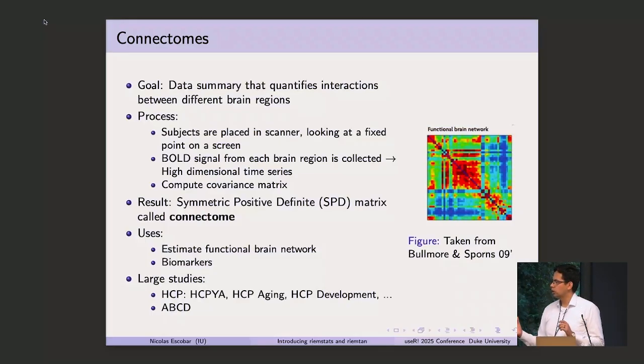People try to do basically two kinds of things with that. They can either try to infer a brain network out of the connectome and then just study the network. Or once they have the connectome, they try to get some biomarkers out of it to predict some conditions or to analyze how people age.